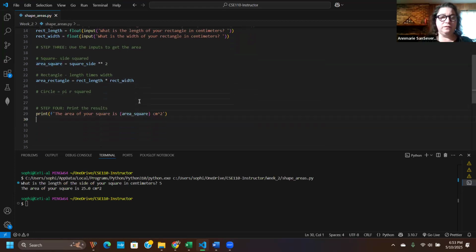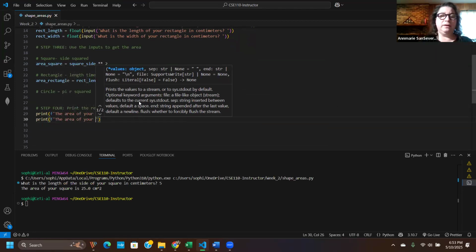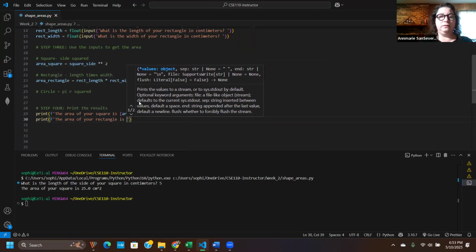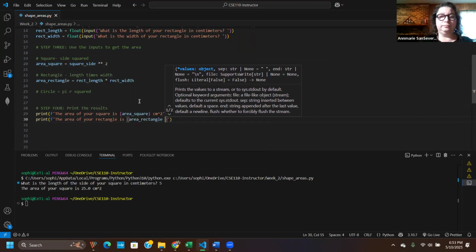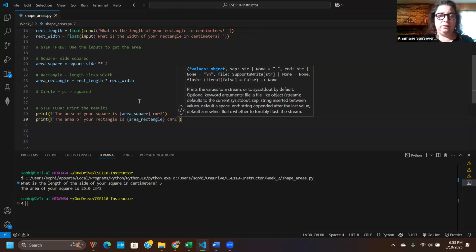We are going to print the area of your rectangle is area rectangle. Whoops. Centimeters. Where's my caret again? Caret squared.